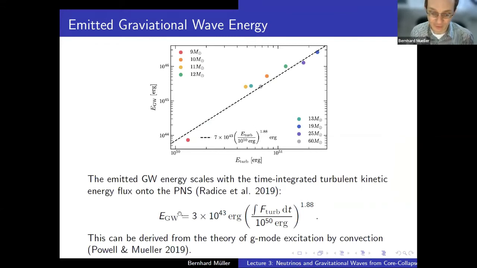So if you consider the time integrated energy radiated into gravitational waves, that is related to the overall turbulent flux of convective motions that hits the protoneutron star surface. So in a sense, the gravitational wave signal does contain information about the intensity and duration of the convective motions, but it's encapsulated in this time integral of turbulent kinetic energy flux, which is maybe not an immediately intuitive quantity.